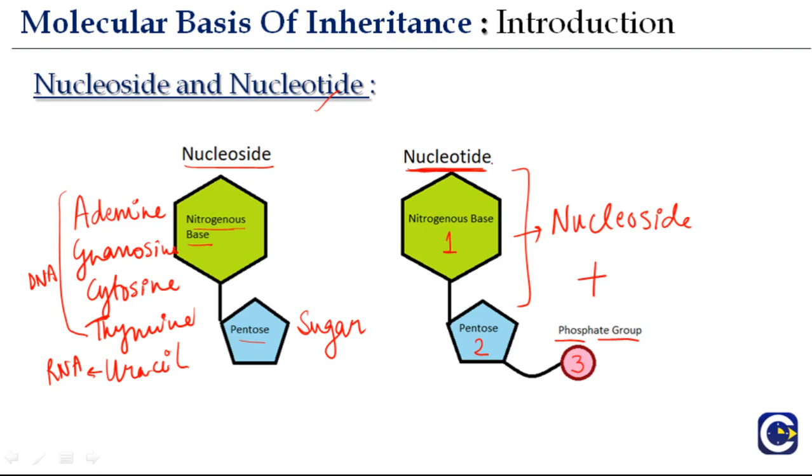The difference is that a nucleotide is a nucleoside plus a phosphate group, and a nucleoside contains a nitrogenous base and a pentose sugar. Sometimes there are very simple questions like what are the components of a nucleotide or of a nucleoside, so these questions will be very easy to answer.